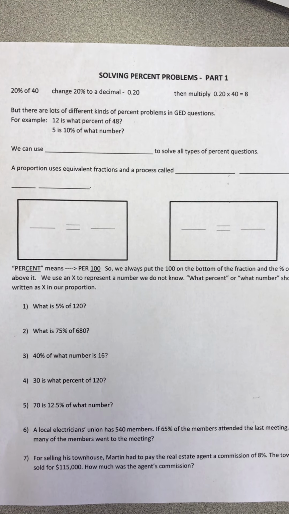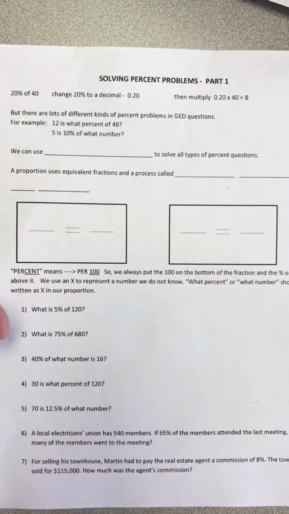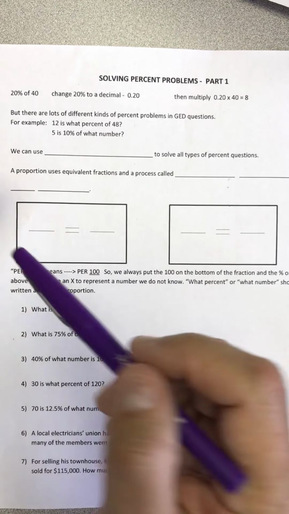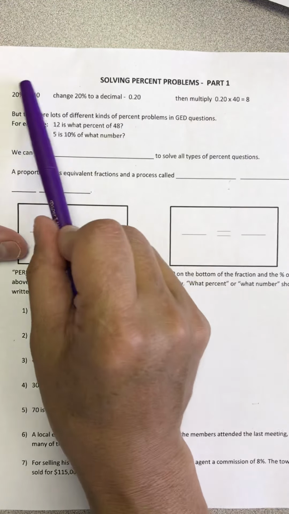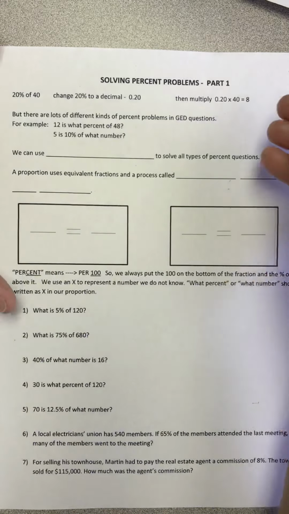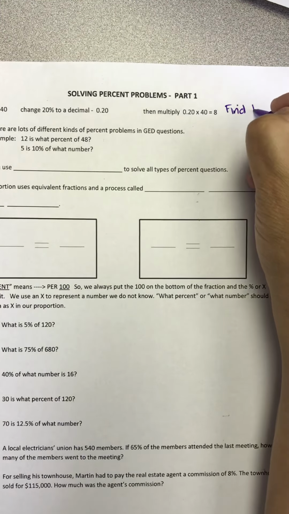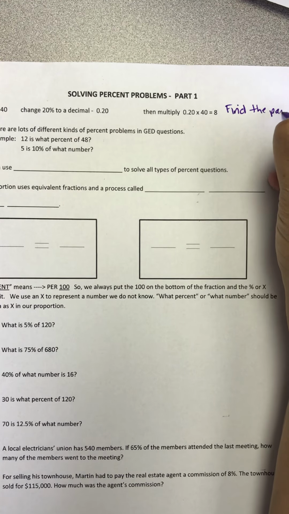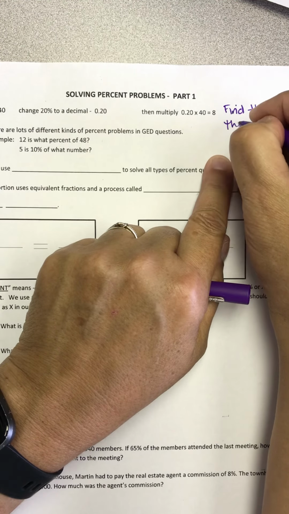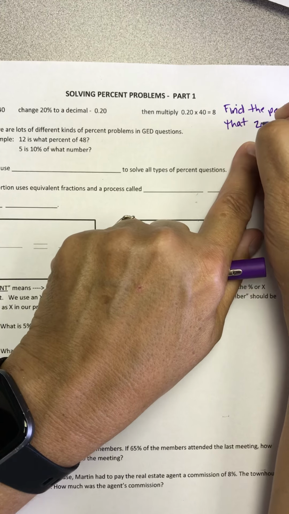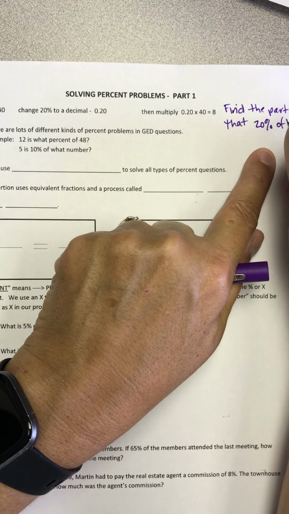But there are a lot of different kinds of percent problems in the GED, and sometimes we're going to see questions that we can't solve this way. For example, for this problem up here, we were looking for the part that is 20% of 40.